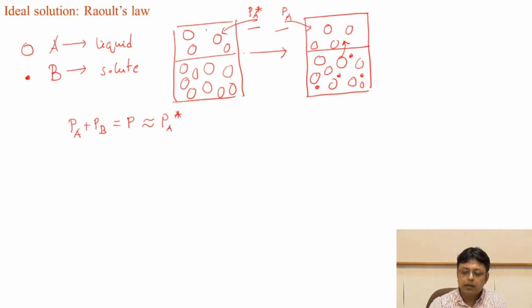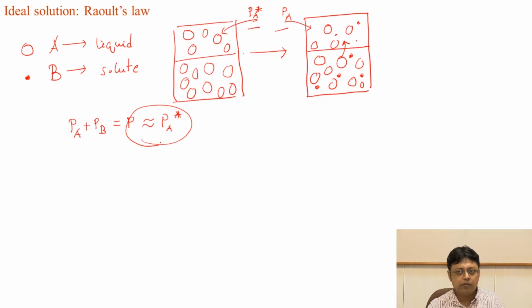The reason being, PA star corresponds to a pressure purely contributed by A, and similarly the total pressure here, when the solute has very few molecules, is also largely contributed by A. So the total pressure can be approximated by PA star itself. So this is the molecular origin for Raoult's law.